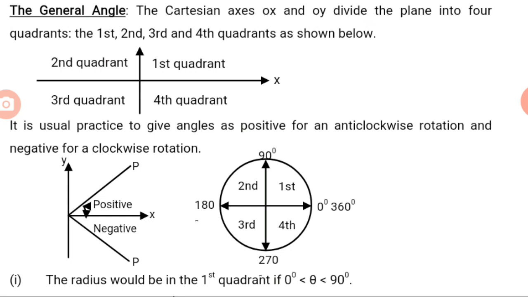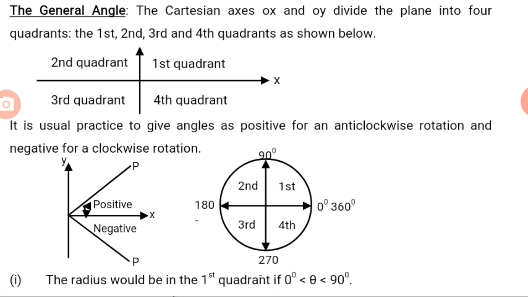Now look at the other figure, where you have 0 degrees, 90 degrees, that is anti-clockwise, 180 degrees, 270 degrees, and back to 360 degrees. Is that clear? So from 0 to 90 is the first quadrant, in positive.